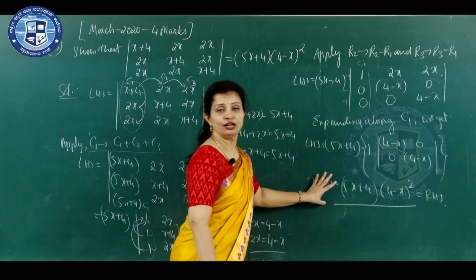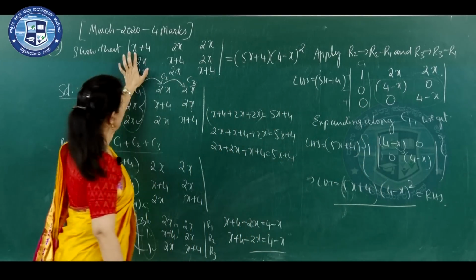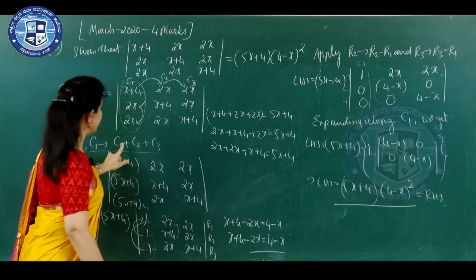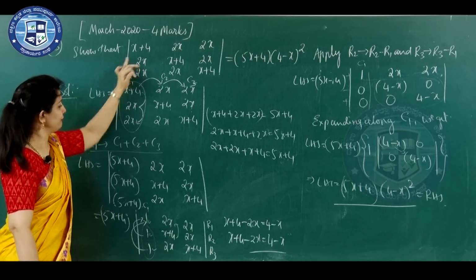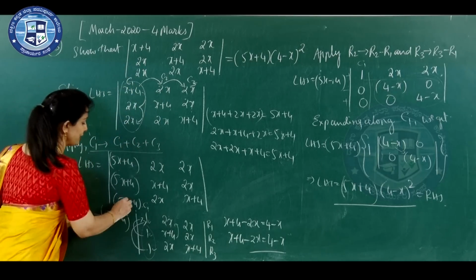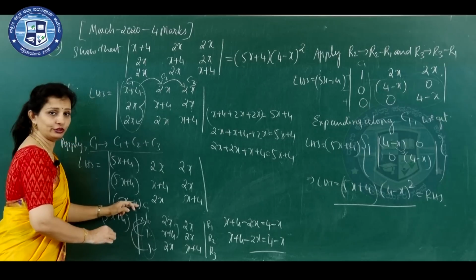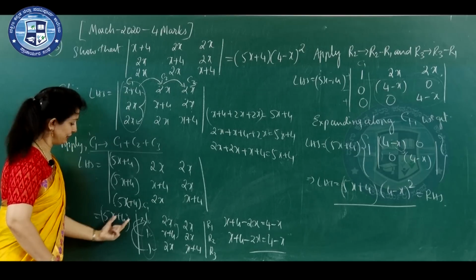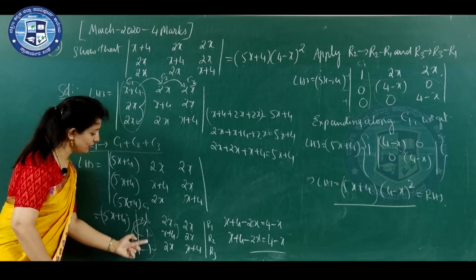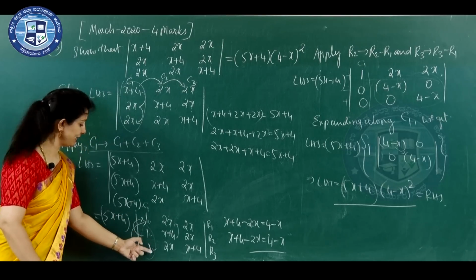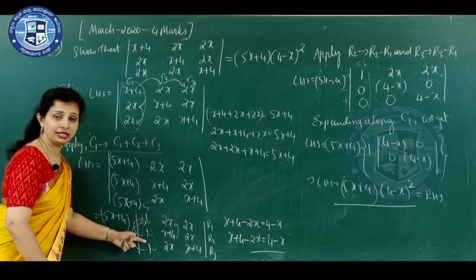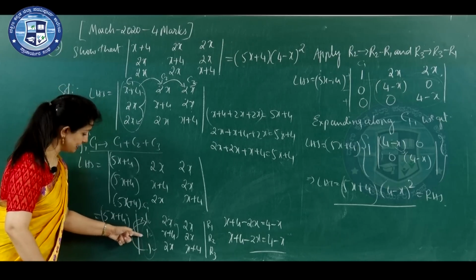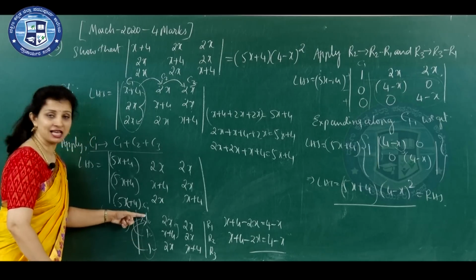Hence the proof. So here when you apply C1 implies C1 plus C2 plus C3, we get the first column elements as 5x plus 4. So every element is 5x plus 4, take out that 5x plus 4 common term. So first column elements are 1, 1, 1. Subtract the corresponding 2 rows, R2 minus R1, R3 minus R1.